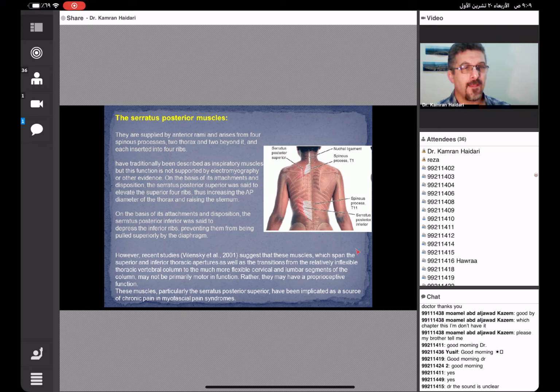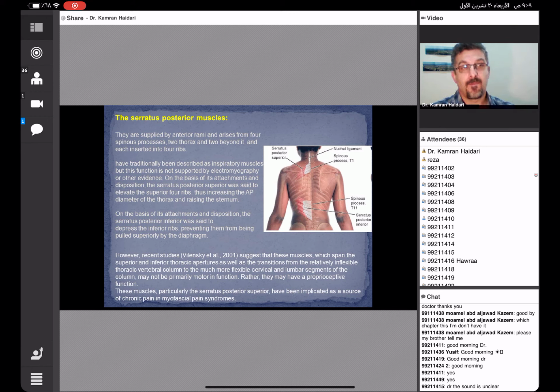Electromyography proves the action of all the intercostal muscles, external, internal, and innermost, during breathing in and breathing out.